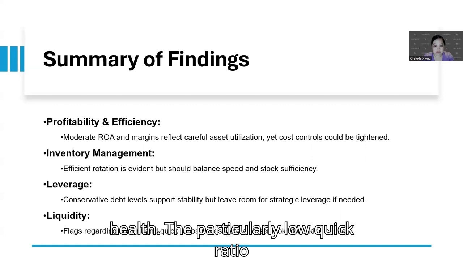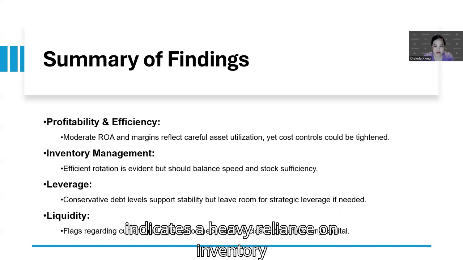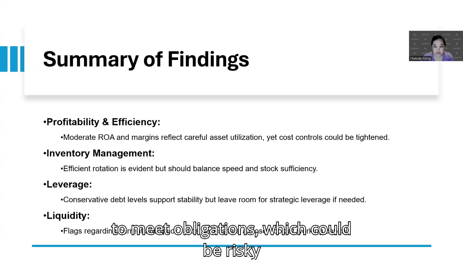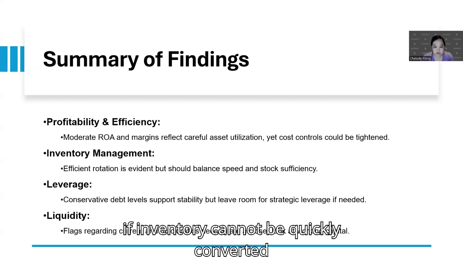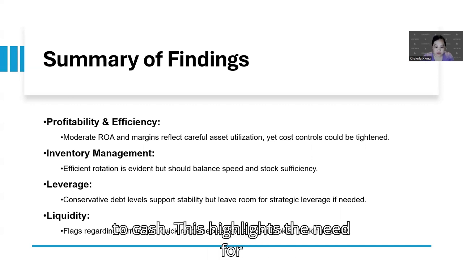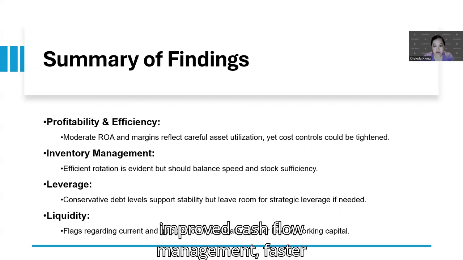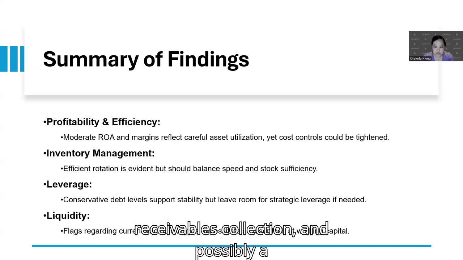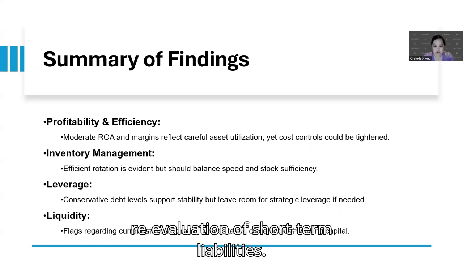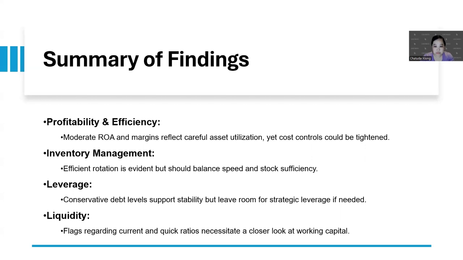The particularly low quick ratio indicates a heavy reliance on inventory to meet obligations, which could be risky if inventory cannot be quickly converted to cash. This highlights the need for improved cash flow management, faster receivables collection, and possibly a reevaluation of short-term liabilities.